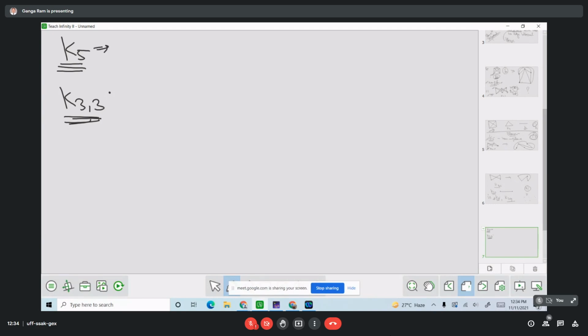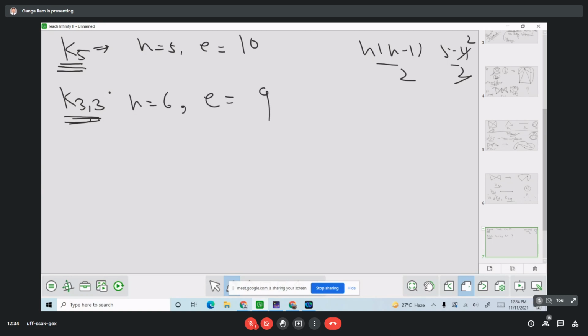In this graph, the complete graph has order 5 and size 10: N is 5 and E is n(n minus 1) by 2, 5 into 4 by 2. Here N is 6 and E is 9.